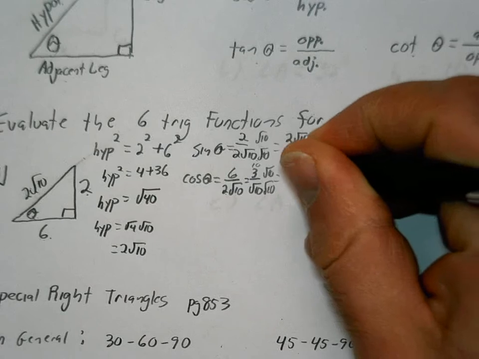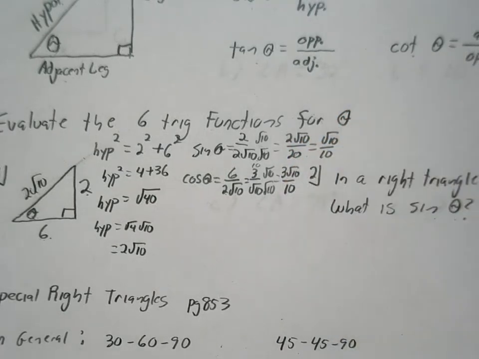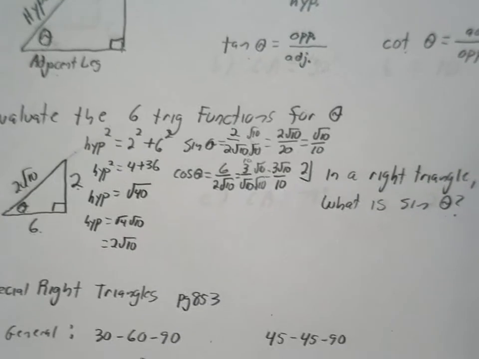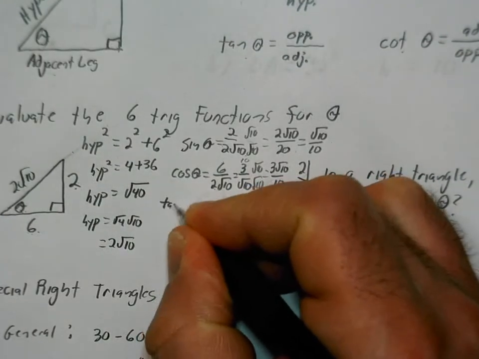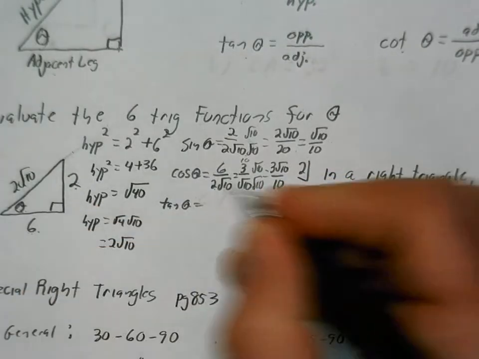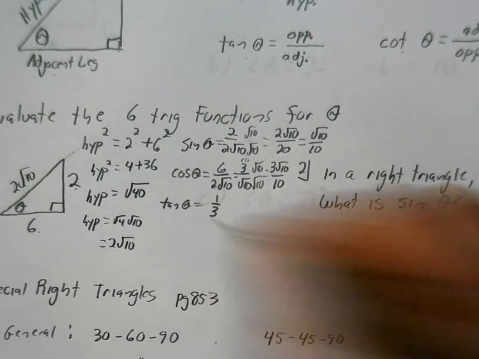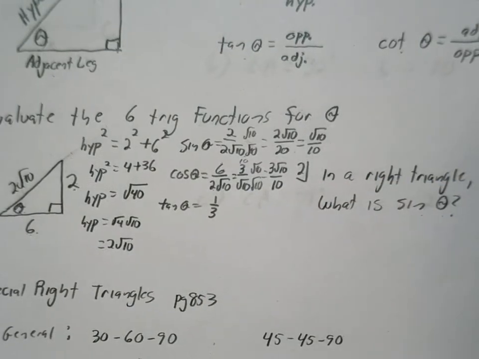So I end up with 3 square root of 10 over 10. So that's cosine, tangent. Tangent is opposite over adjacent, so 2 over 6, which is 1/3. Okay, so those are the first three.